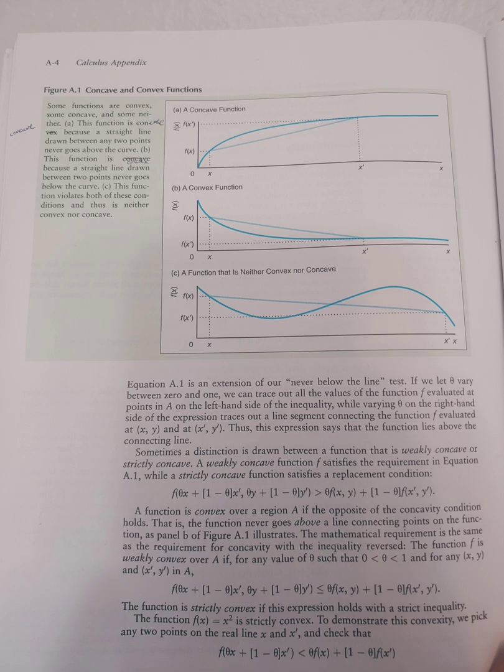To demonstrate this convexity, we pick any 2 points on the real line, x and x prime, and check that f of theta times x plus [1 minus theta] times x prime is less than theta times f of x plus [1 minus theta] times f of x prime holds for this function.